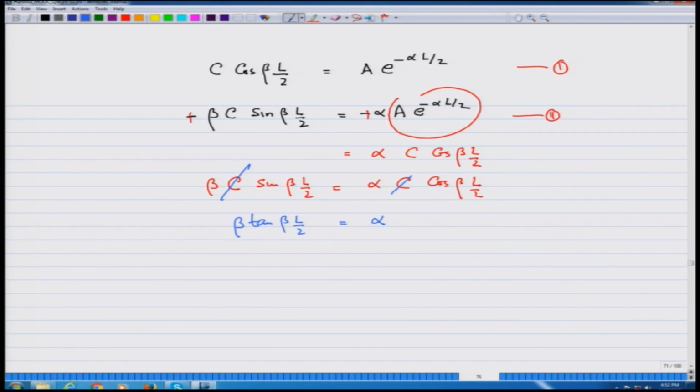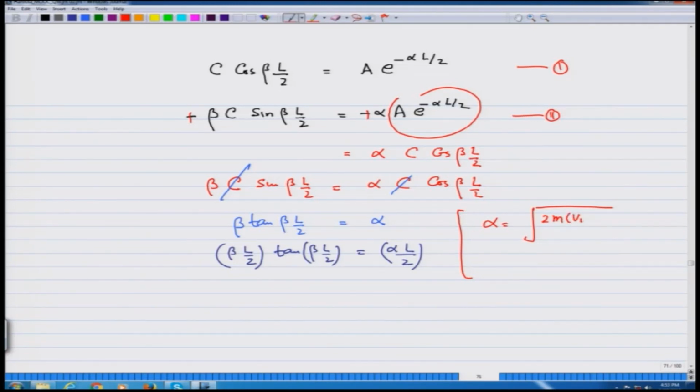Just to make the whole thing look nice, let me multiply by L by 2 on both sides: beta L by 2 tangent of beta L by 2 is equal to alpha L by 2. At this point, let me also remind you what alpha and beta are. Alpha was square root of 2 m (V0 minus E) over h cross square, and beta was square root of 2 m E over h cross square, and E is greater than 0.